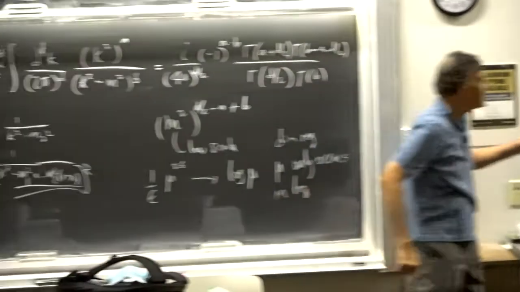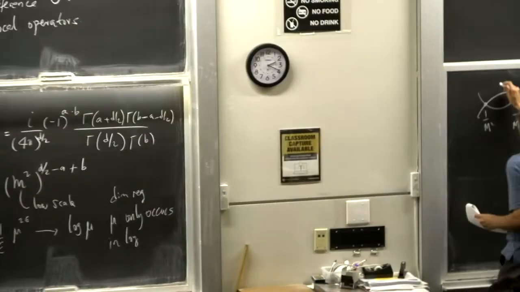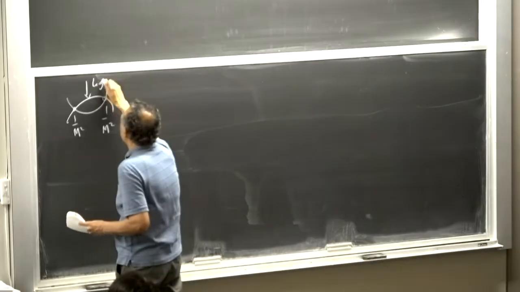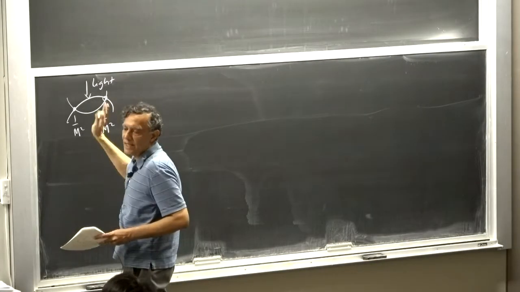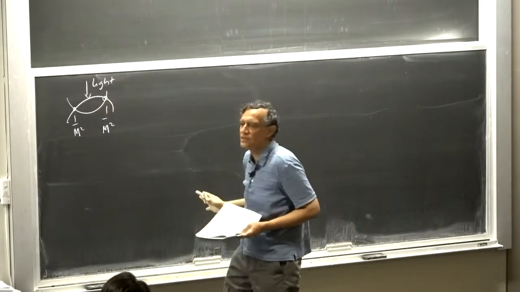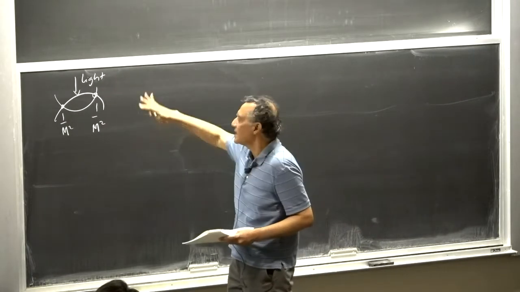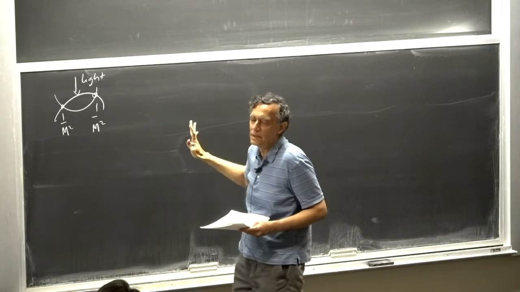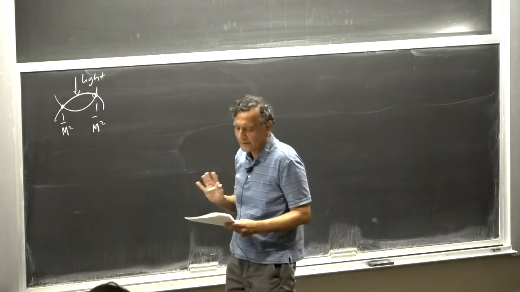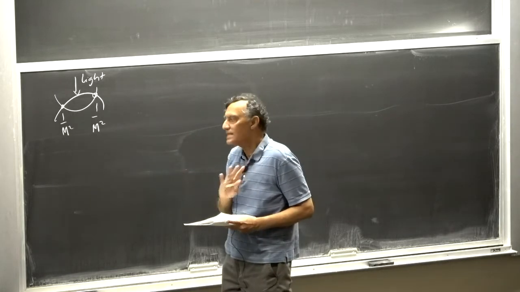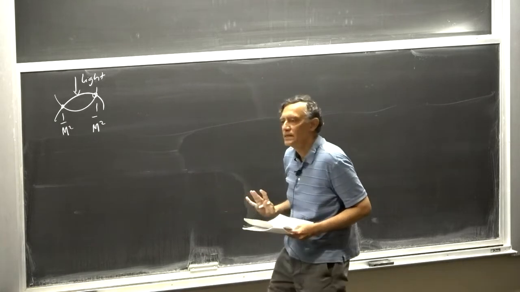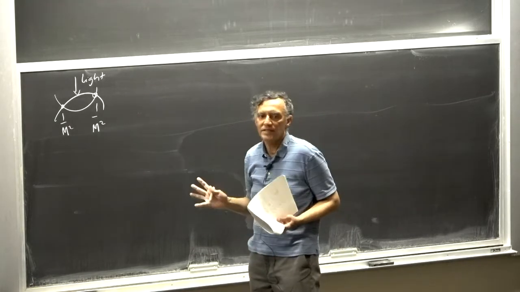This is an EFT diagram, and all these particles are light particles. Everything which is propagating is light, because those are the only fields in your Lagrangian. So the only thing you can get in the numerator are little m's. You can never get a big M. And so the big M counting is exactly the same as what we had for tree level. There's no change at loops.